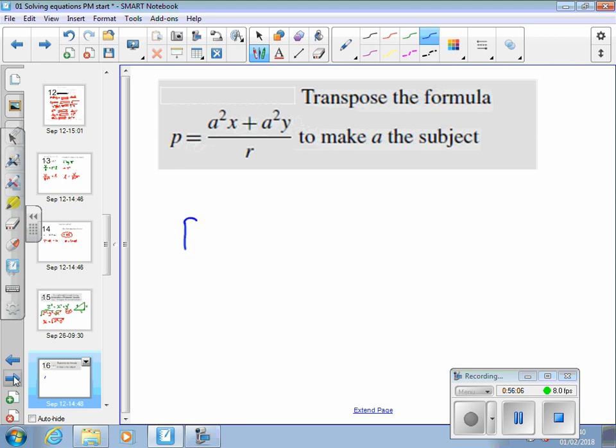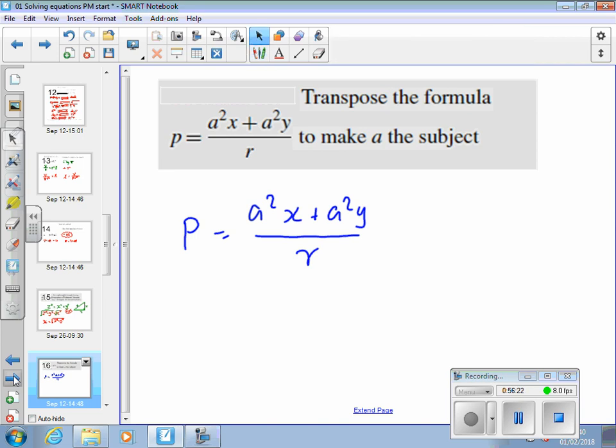P is equal to a squared x plus a squared y, all over r. Make a the subject. Why are you choosing that first, Kieran? Yeah, to get rid of the quotient or fraction. So multiply by r.